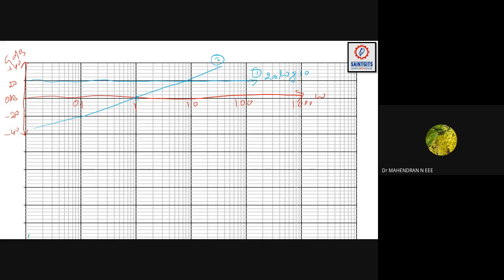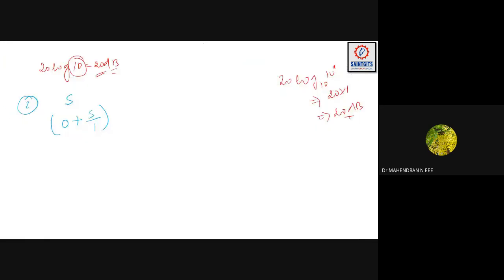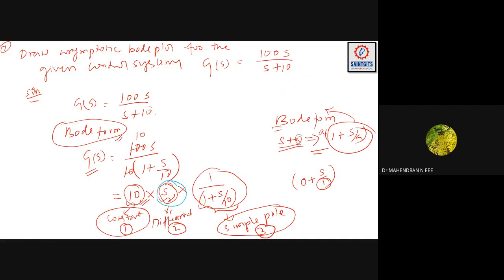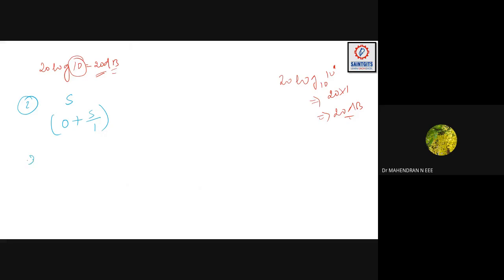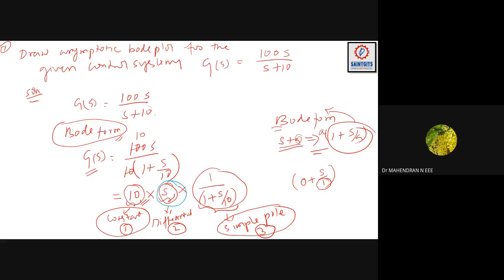We were trying to draw the Bode magnitude and phase plot for the different terms in the control system. This is the magnitude plot of term 2 and of term 1. The next is the third function, 1 divided by (1 plus s by 10).